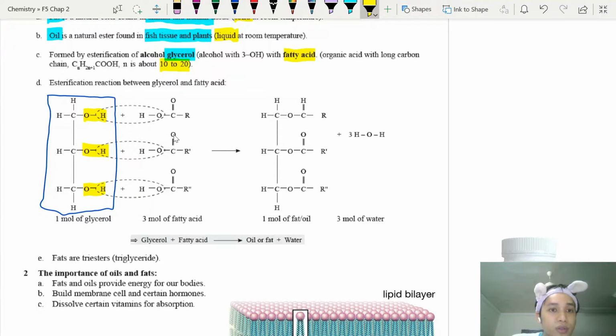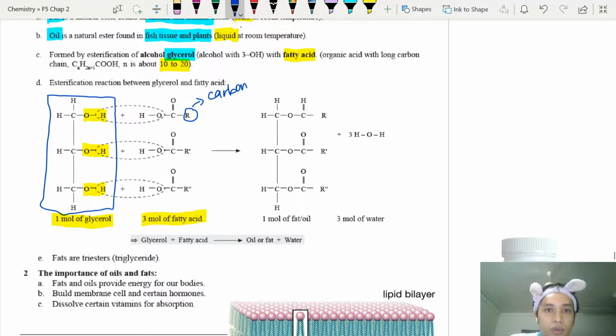So you need to remember for fats, the esterification reaction is one molecule of glycerol reacting with 3 molecules of fatty acids. Now this R here refers to the carbon chain. Remember, since this is fat, the carbon chain here starts from C10 onwards.